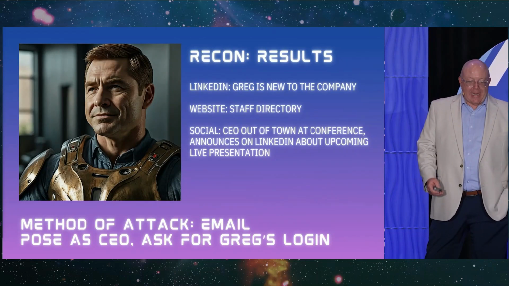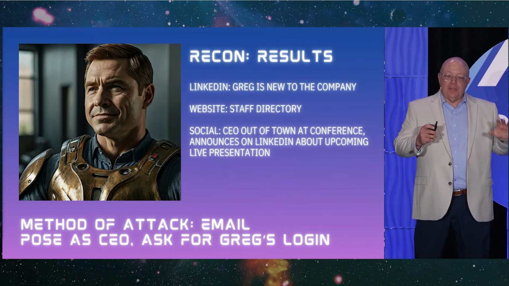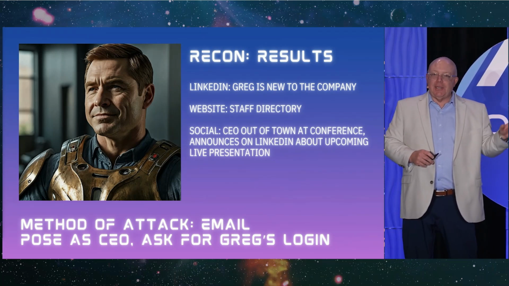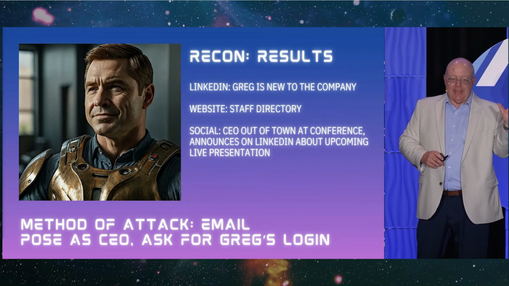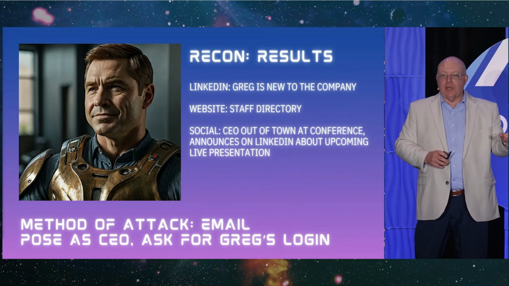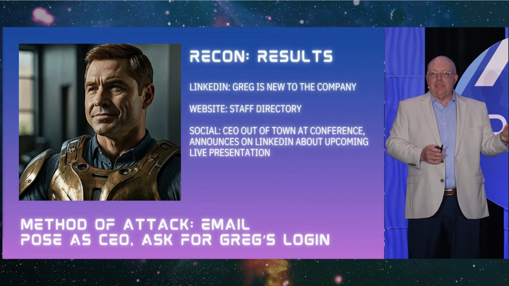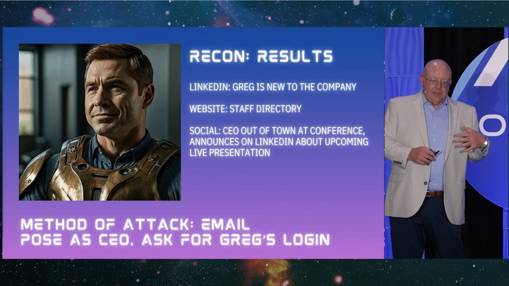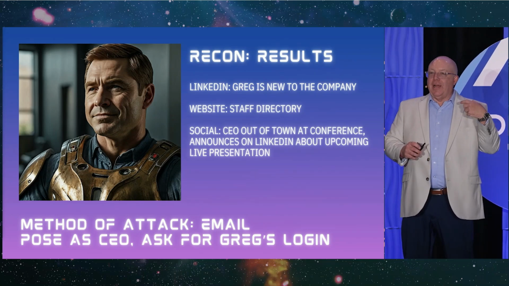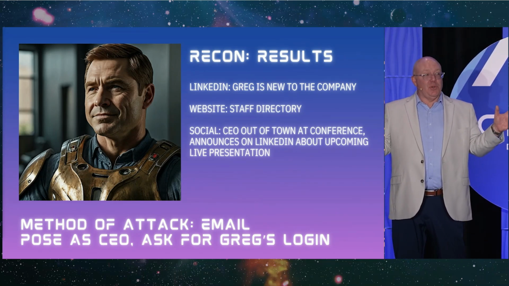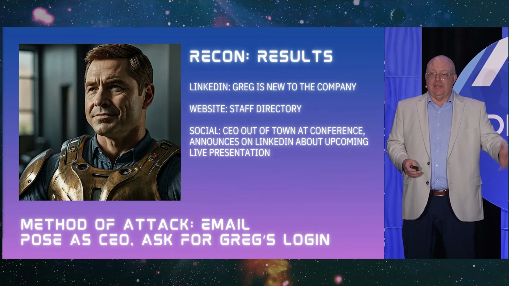The way they were attacking Greg, if you remember, they learned that the CEO was out of town, getting ready to speak at a conference. They sent Greg an email posing as the CEO and said, hey, Greg, just give us your account because I don't have time to deal with IT to get to what I need to. What do you think Greg did now because he's a human firewall? How did Greg stop this attack?